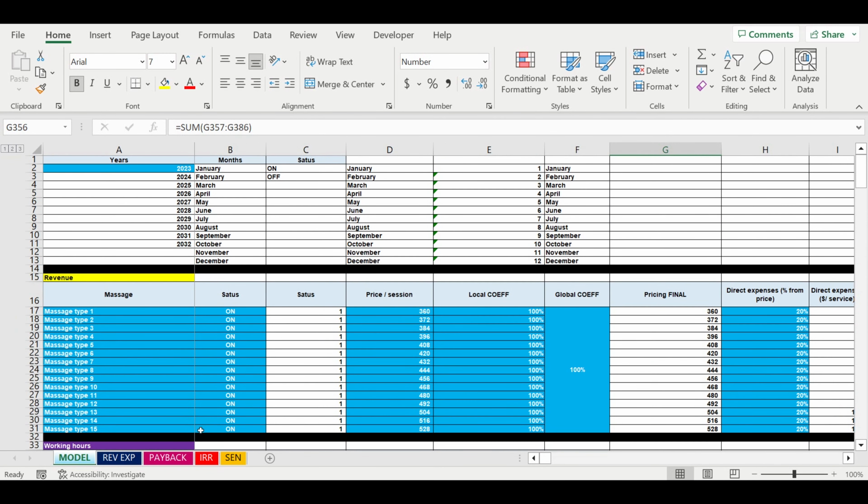For example, we made some optimistic assumptions that we will be having this type of massage, and I can switch it.